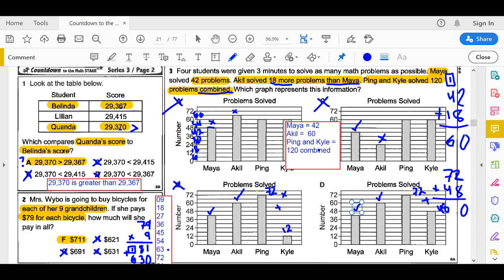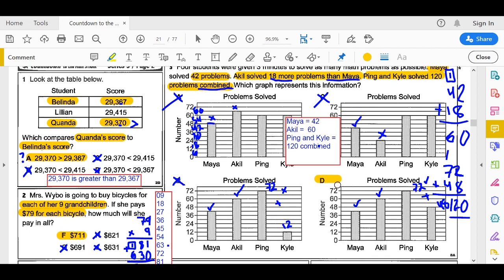So 0 and I carry 1. 1 plus 7 is 8, plus 4 more is 12. That is very correct, amigos. I got 120 right there. Check. This is a correct answer. So letter D is the answer we need. Great job. Let's go to number 4.